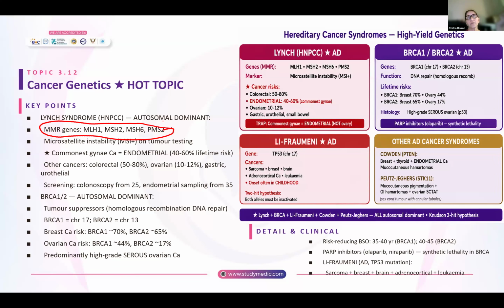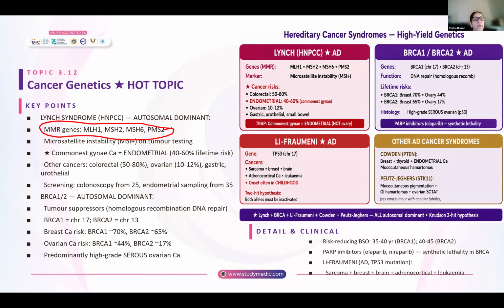Whenever this defect doesn't get corrected, or there is a defect in the BRCA gene, there is a fault in the DNA and you get replication of the faulty cells that gives rise to cancer.